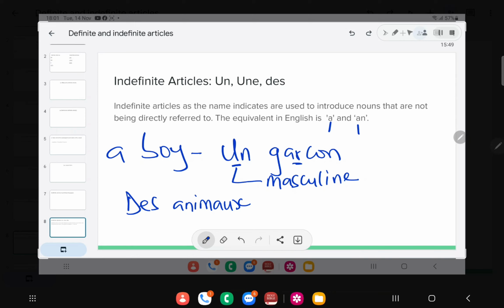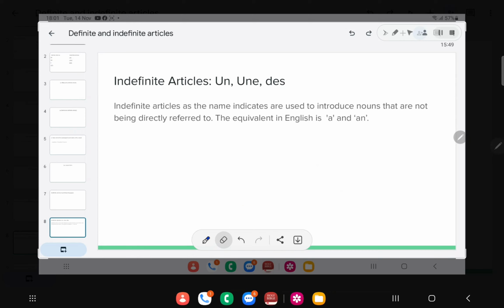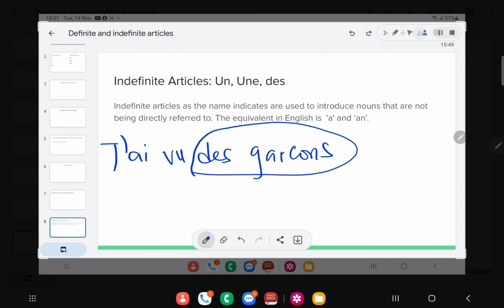Some animals, des animaux. If I wanted to say I saw some boys, that would be j'ai vu des garçons. Concentrate on the garçons. That is, I saw some boys. That is more than one boy.